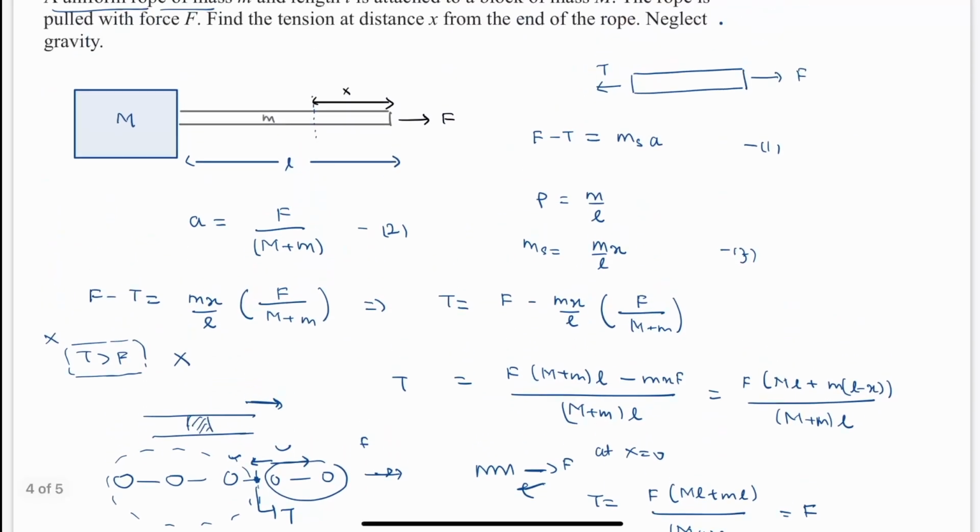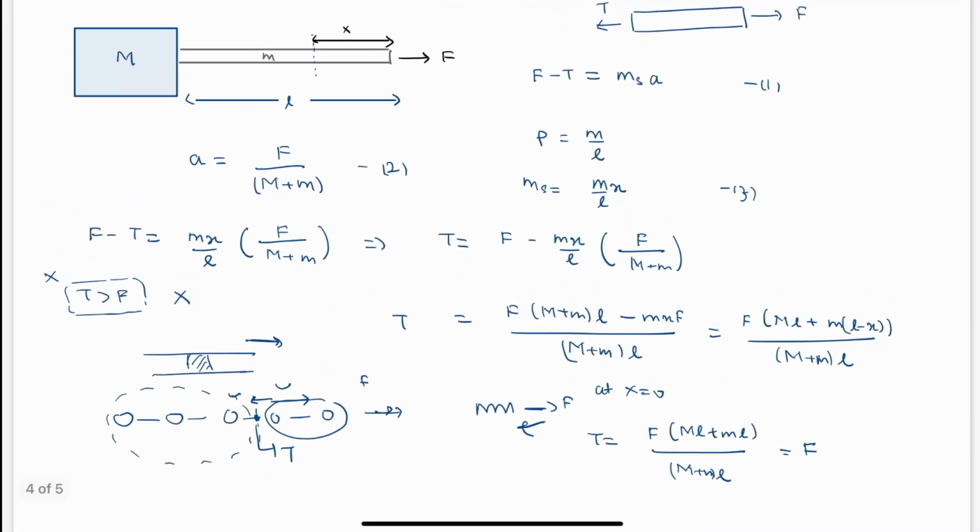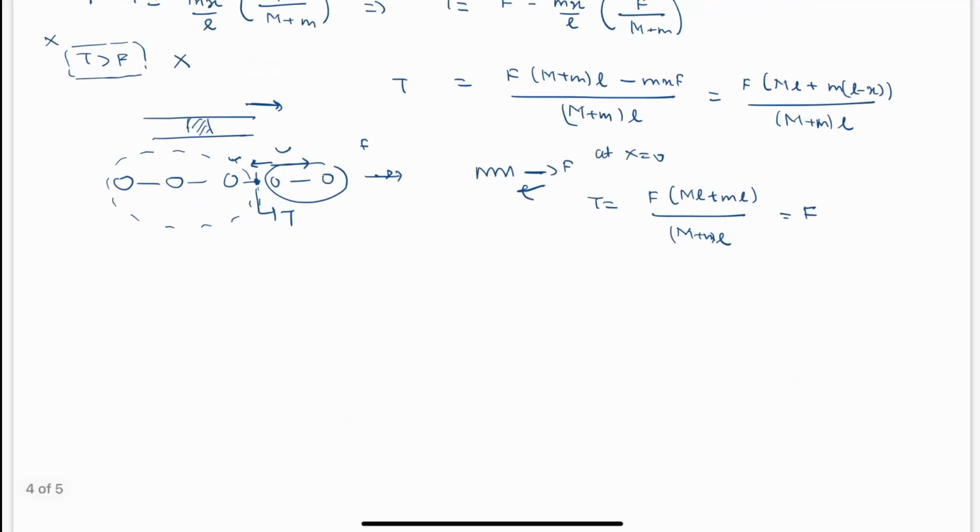So tension at this point is essentially the force. And what happens to the tension when you reach this point? What's the tension at this point? For that you need to put x equals L.